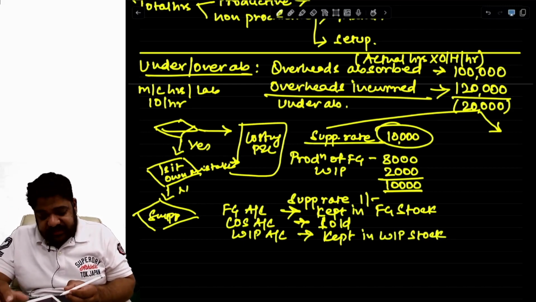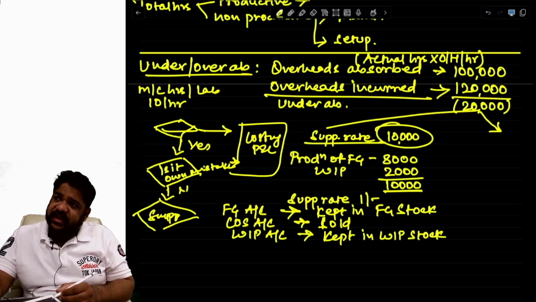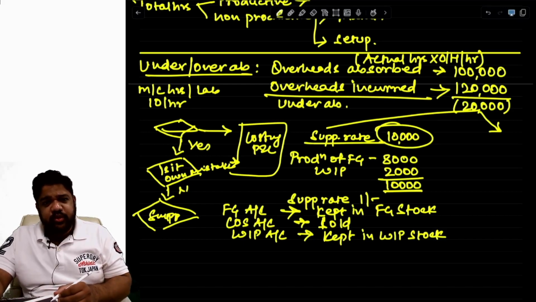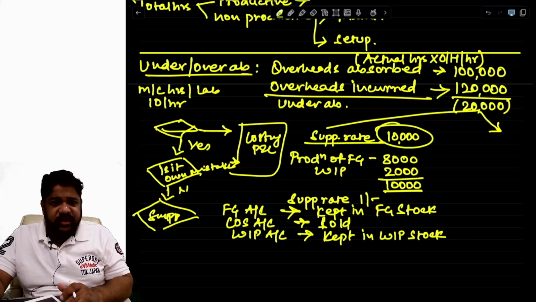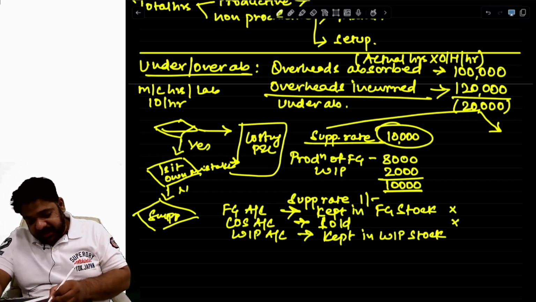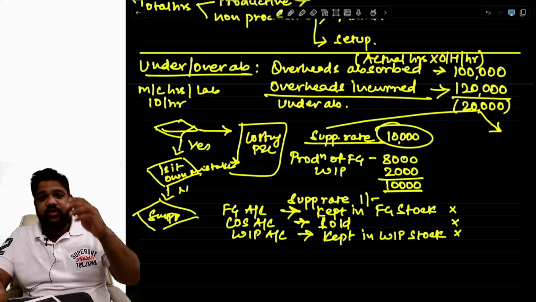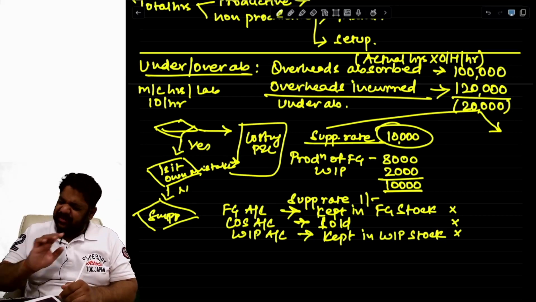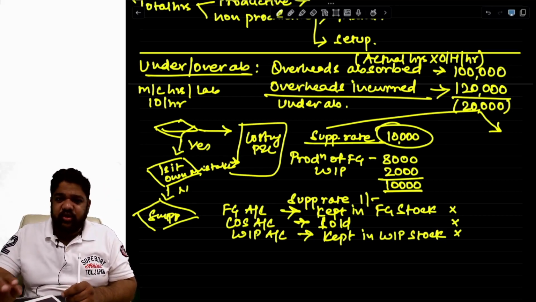They will say that you have 2,000 units in finished goods, you have sold 18,000 units, you have 5,000 units in WIP, all of that. So whatever are the units, multiply by the supplementary rate that you've got. That way you'll be able to do each and every question. It's a very simple category. Just do one or two questions out of it and you'll be done.